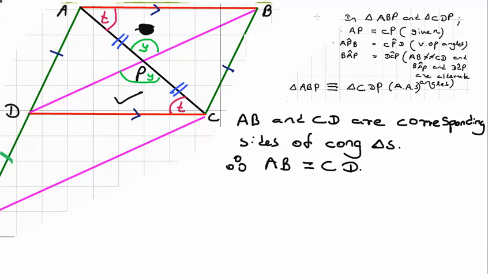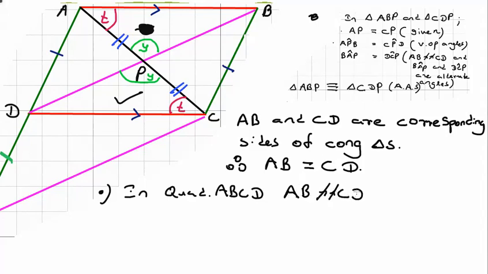So now what's the next statement we can make? Now we can say in quadrilateral ABCD, AB is parallel to CD. Who said that? The one who gave the question to us told it.